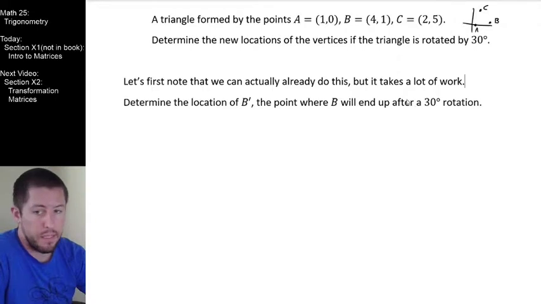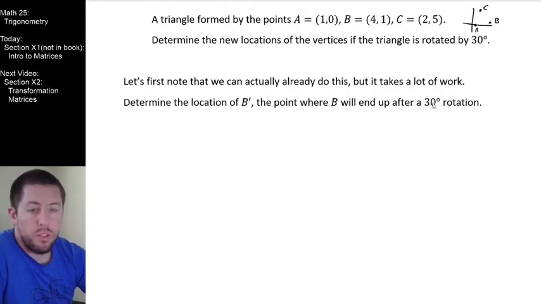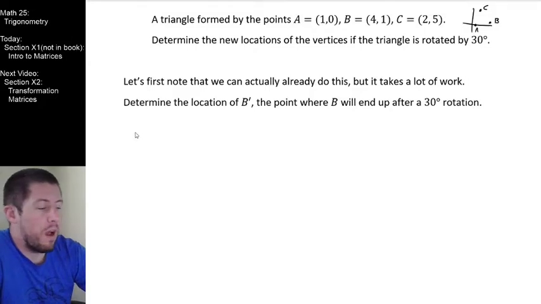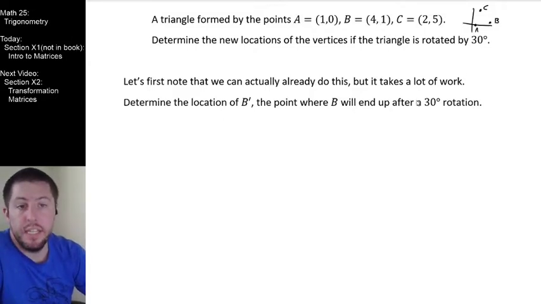So here's what I'm thinking to myself. Currently, B is in an XY format. However, I want to apply a rotation to it. And what you know is that polar coordinates play very nicely with rotations because they're defined by r and theta. I currently have an XY location for B. We can convert this XY information into r and theta information in polar, because you know how to convert Cartesian into polar coordinates.